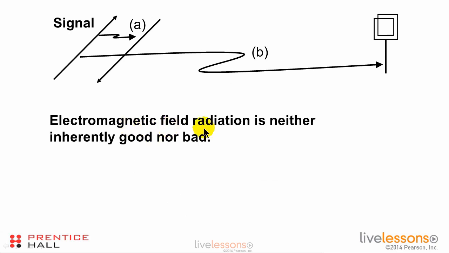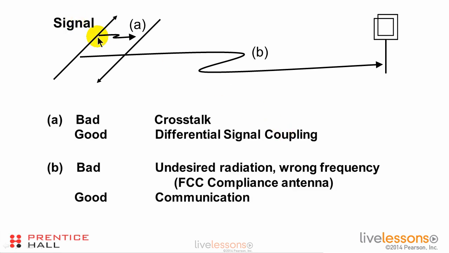Now, electromagnetic field radiation is neither inherently good nor inherently bad. Now let's look at a couple of illustrations. Here we have a signal that couples into an adjacent trace. Well, that's bad if that coupling results in crosstalk. But if this happens to be a differential pair, then it's good because differential pair coupling is actually beneficial.